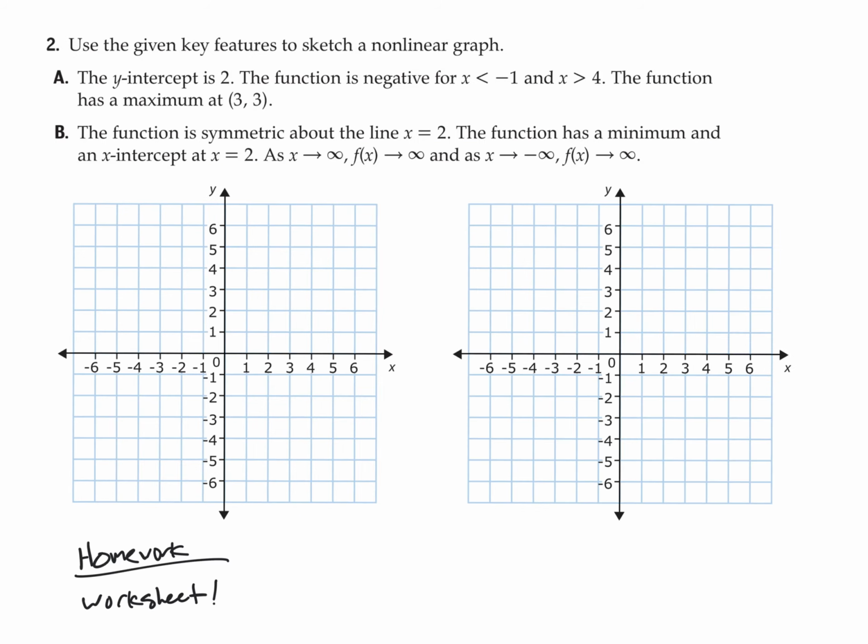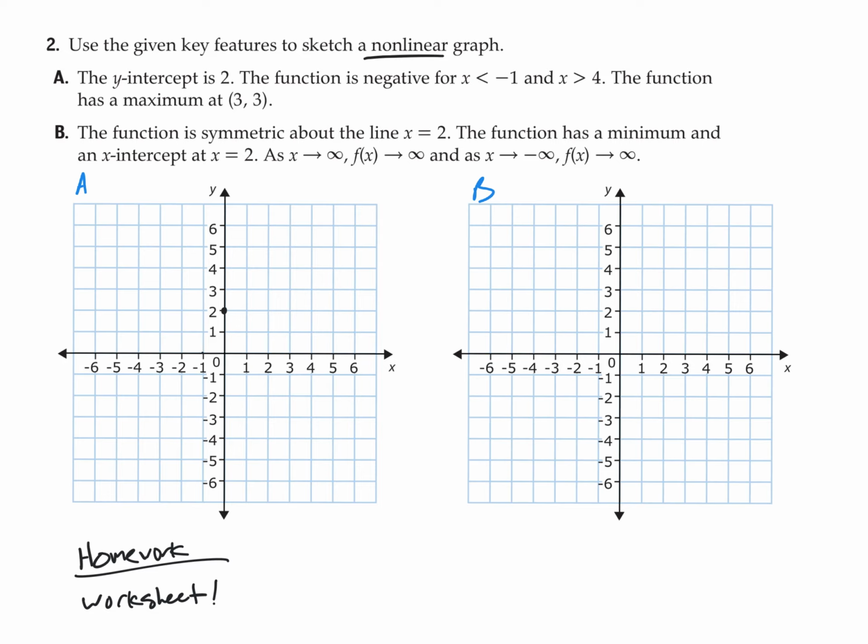So now let's try a couple non-linear ones. Over here we're going to do A, and over here we're going to do B. So it says the y-intercept is 2. That's easy enough. We'll put a point right there on 2. The function is negative for x less than -1.